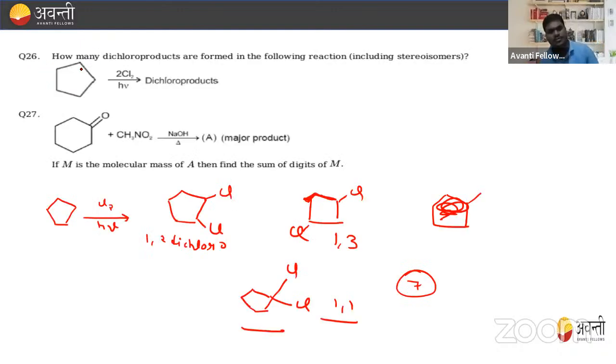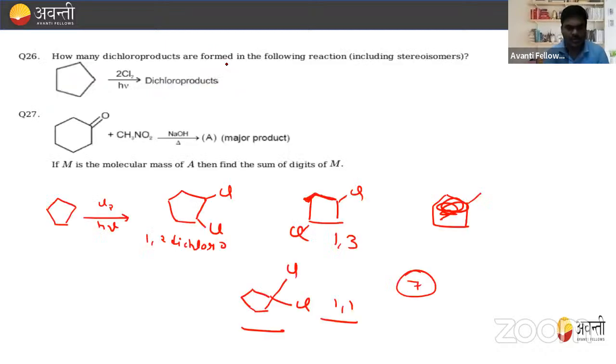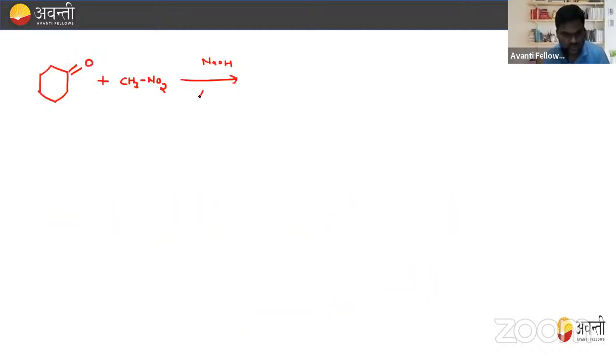Okay, so this will react with CH3NO2 plus NaOH, and heat it. So what product will they form? They form the product like this.